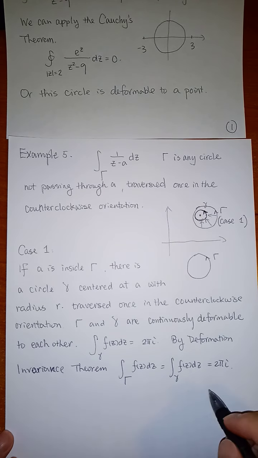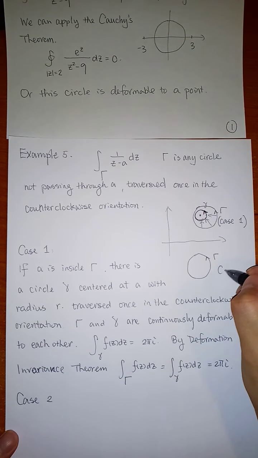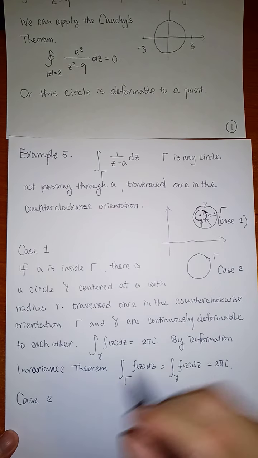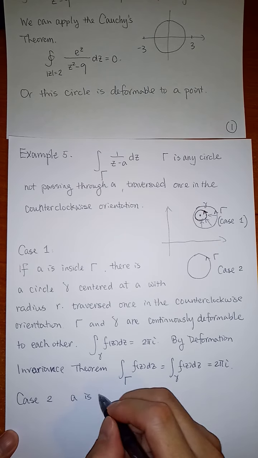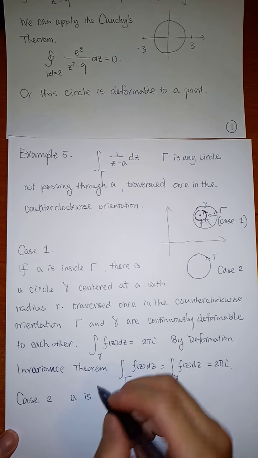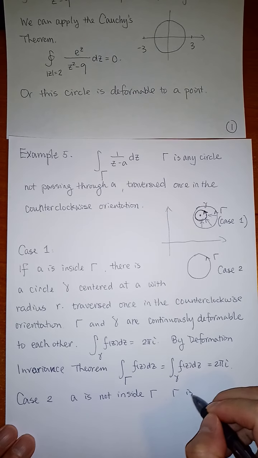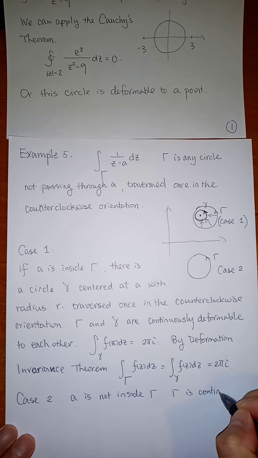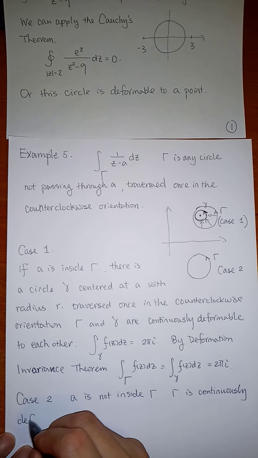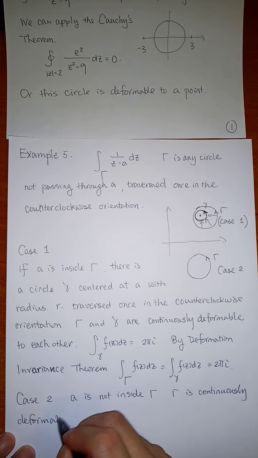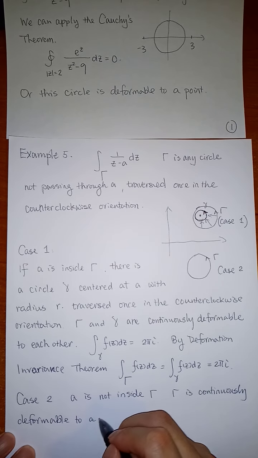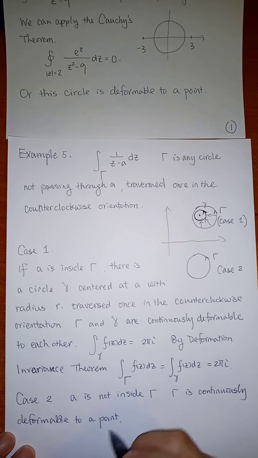In case 2, A is not inside gamma. Then gamma is continuously deformable to a point, a constant curve.